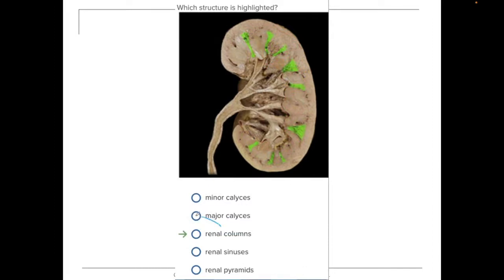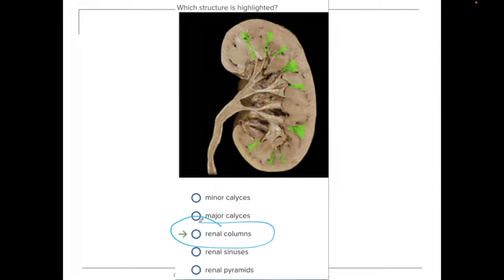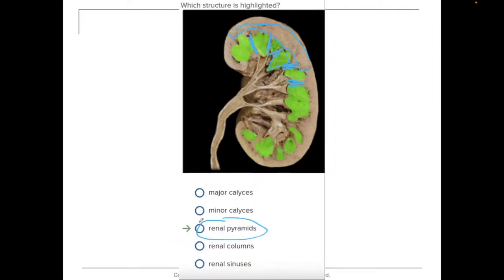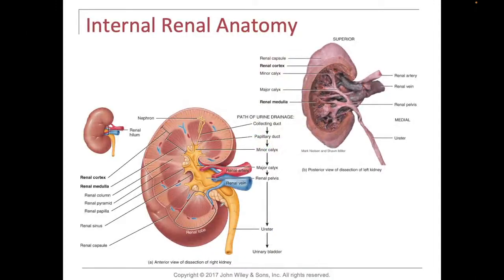All right, here we go. These are the renal columns. I'll bounce back and forth. The green here is the pyramids. Here, the green are the columns. Pyramids, columns, pyramids, columns. Now we can look at it a little bit closer. Here is the renal cortex, this outer portion.